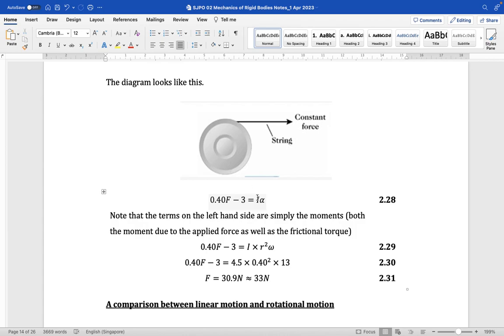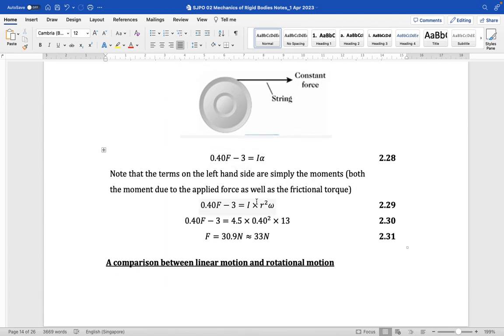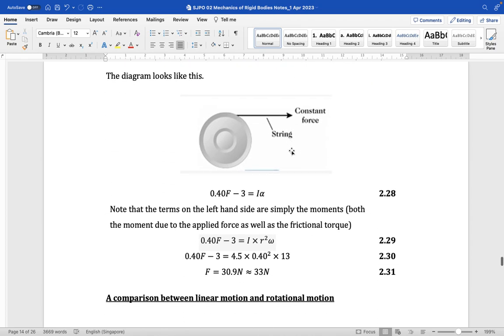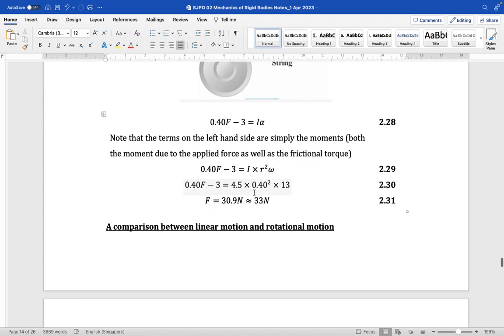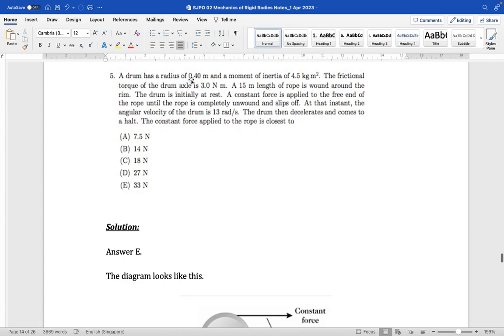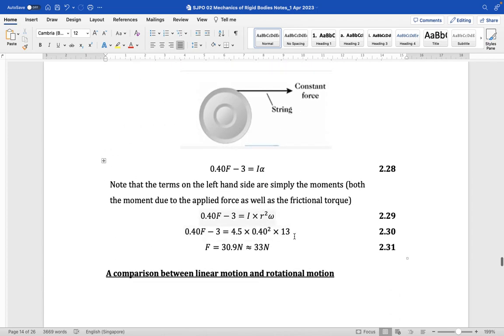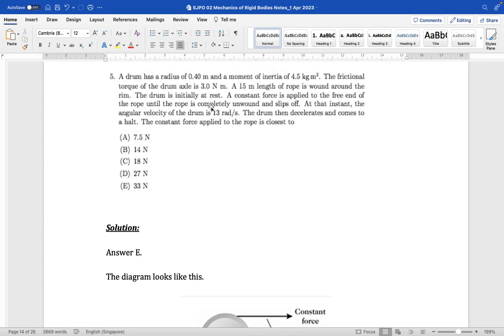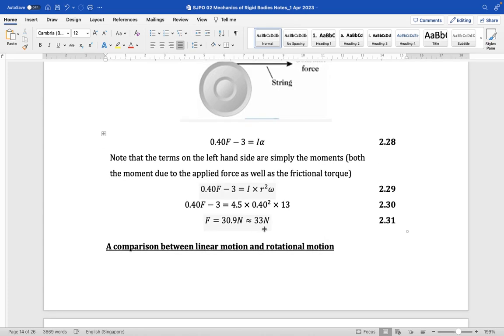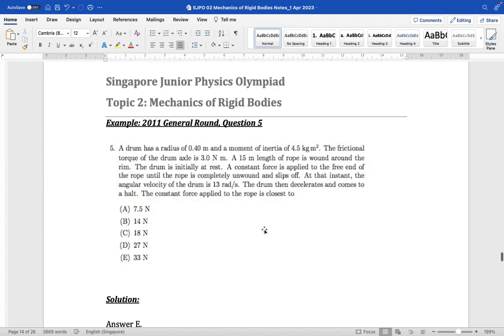The resultant torque causes the moment of inertia multiplied by the resulting acceleration. Then we substitute in the values. I is 4.5, which is the moment of inertia of the drum, multiplied by R squared, which is 0.4 squared, multiplied by 13, which is the angular velocity here. From here, you discover that F equals 33 newtons, which is option E.